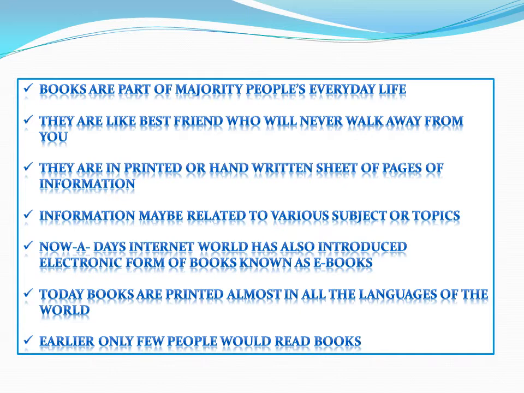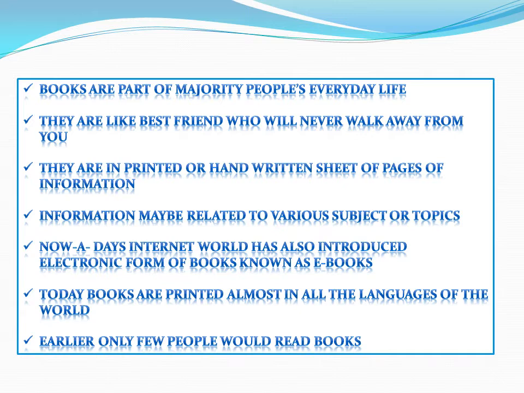Third point. They are printed or handwritten sheets of pages of information. Dear children, books are normally in printed form. Some books are in handwritten form. So, these pages of books contain a lot of information.